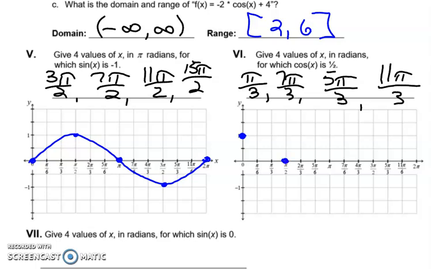Pi over 2, 0, pi, negative 1. 3 pi over 2, 0. And 2 pi, 1. Include those additional points. Remember, this is a nice little curve here.